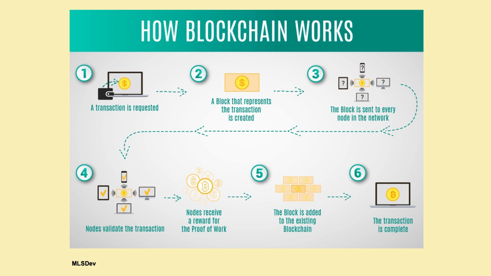So the first stage is that a transaction is generated or requested. So in the case of cryptocurrency, it's someone who wants to transfer value from one party to another. So a transaction is requested, but if it's a document, you could say a piece of information is generated. Now, what happens is that different pieces of information all over the world are batched into blocks.